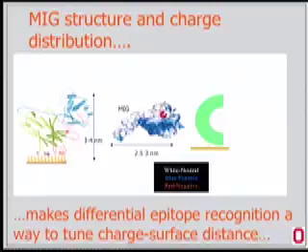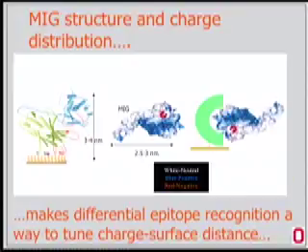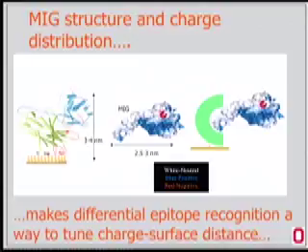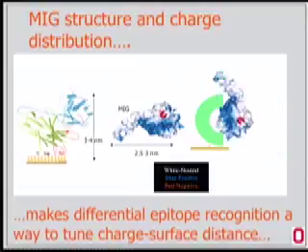And so if this is my single chain FV, and it's down on a surface, depending upon which epitope my antibody recognizes, I would expect that it would bind MIG either in this sort of configuration or possibly in this sort of configuration or possibly in this sort of configuration.